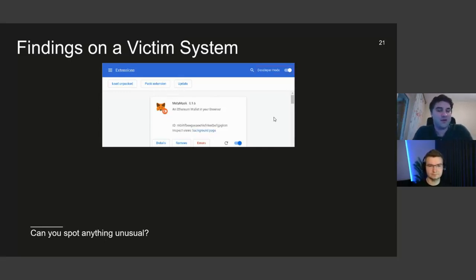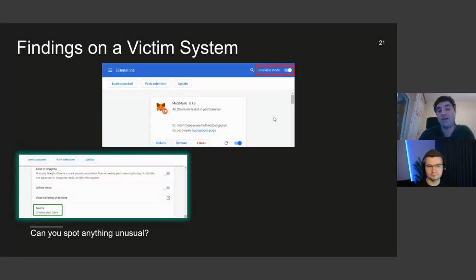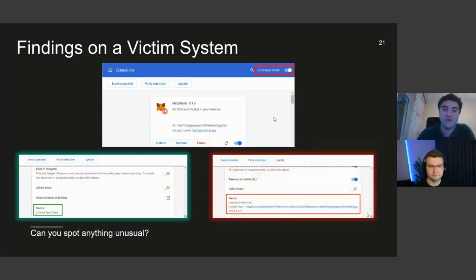You can see on our slide that developer mode has a tick, and once they do that, they gain access to either inject their own wallet, or modify the existing wallet that was installed by the user. On the left side, you can see a valid, unaffected installation. It says source Chrome Web Store. So that's an uninfected machine.